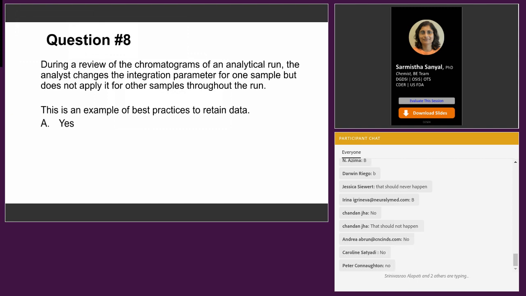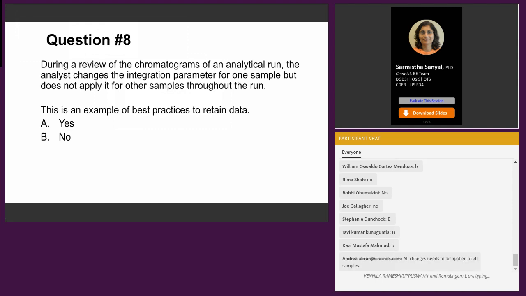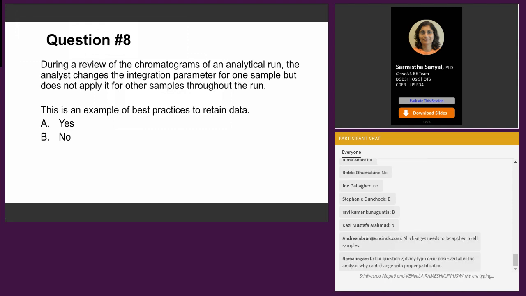The options are A, yes and B, no. So again, you have guessed it rightly that the obvious answer is B. The peak integration parameter should be uniformly applied to all samples in the study. Picking and choosing specific chromatograms for reintegration to make the study look good is not considered at all best practices to retain analytical study data.